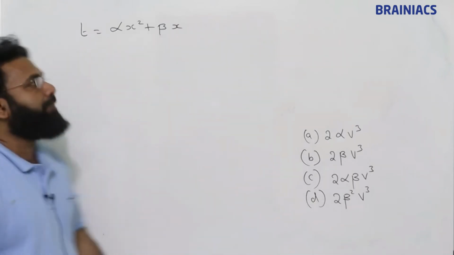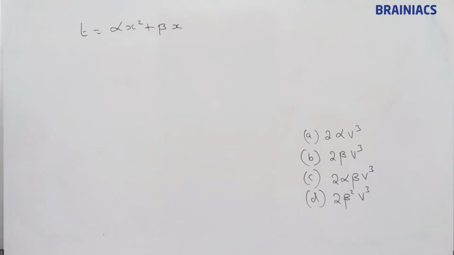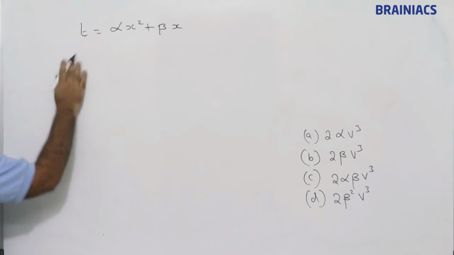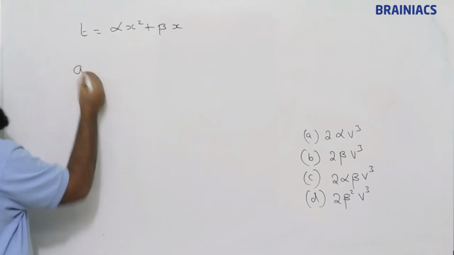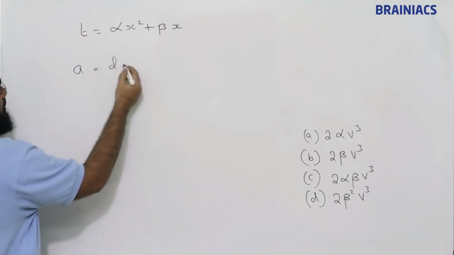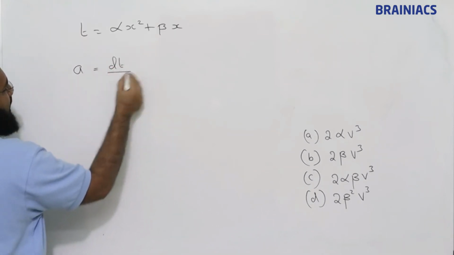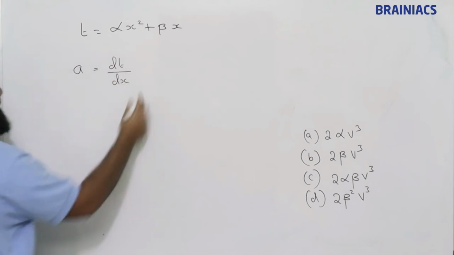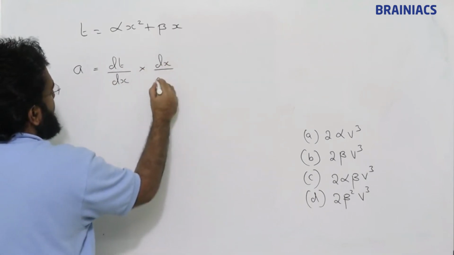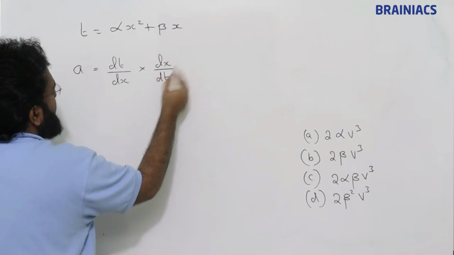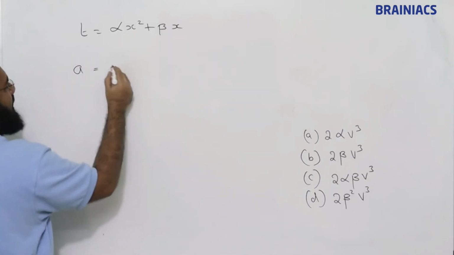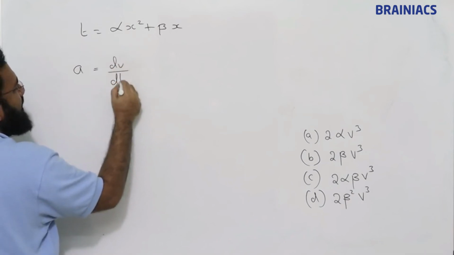How to do this? Here, what are they asking? They are asking retardation, acceleration. So acceleration can be written in this way also. Acceleration is actually dv by dt.